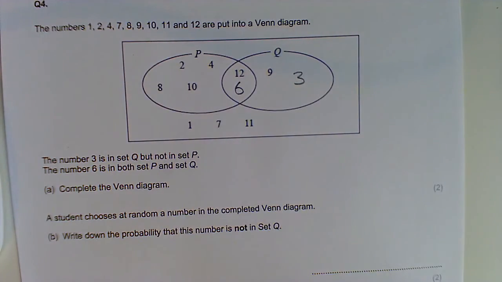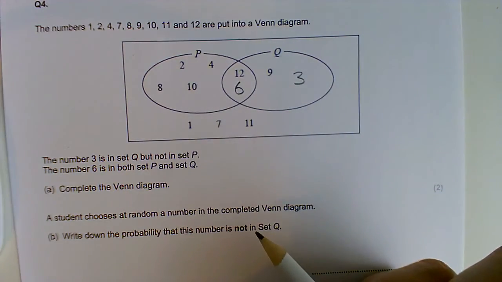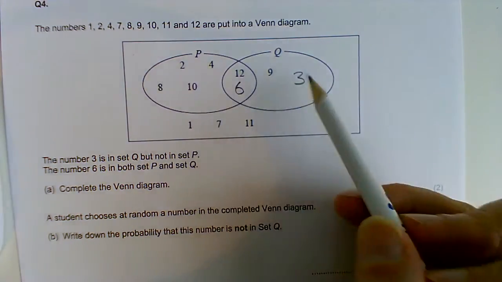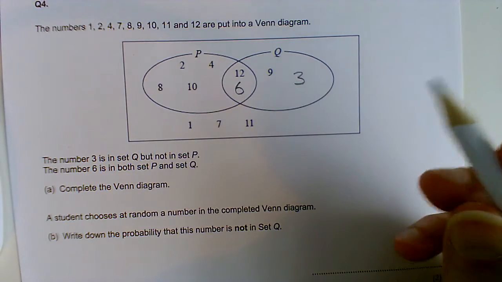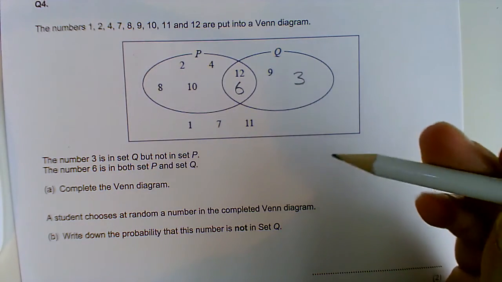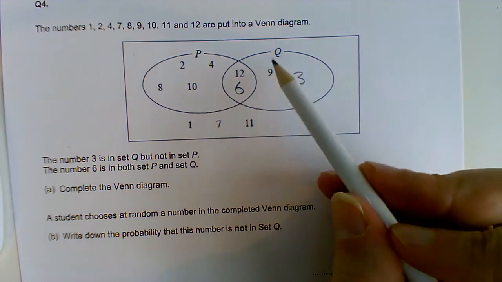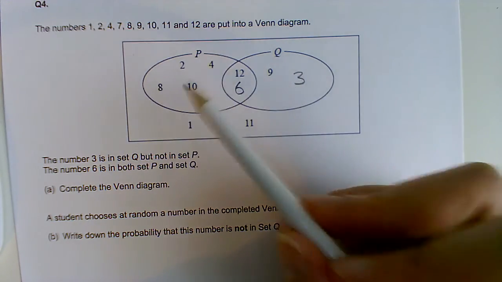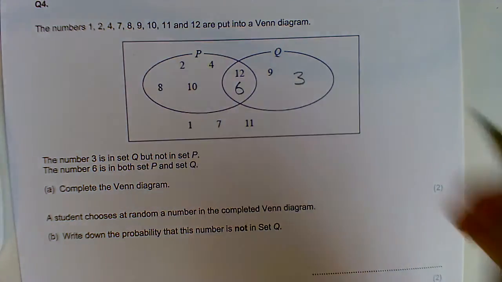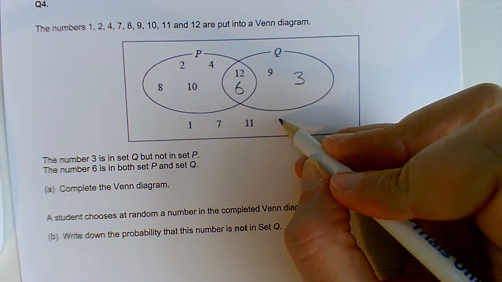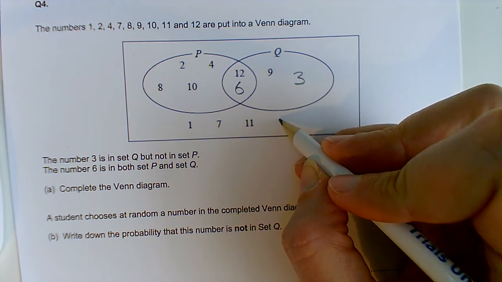Okay, so that's just completing the Venn diagram, isn't it? If we just have a little look, 1, 2, 3, 4, 6, 7, 8, 9, 10, 11, 12. I think that there should be a 5 on the outside of that as well.